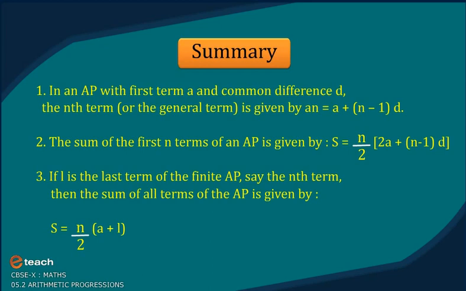The sum of the first n terms of an AP is given by s is equal to n upon 2 into bracket 2a plus into bracket n minus 1 d. If l is the last term of the finite AP, say the nth term, then the sum of all terms of the AP is given by s is equal to n upon 2 into bracket a plus l.